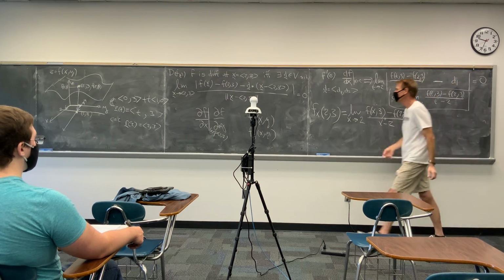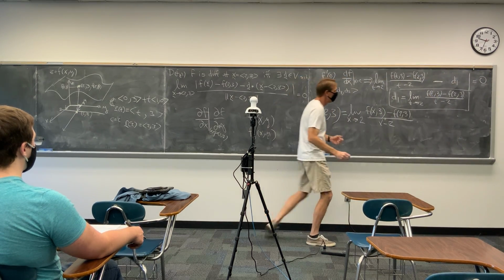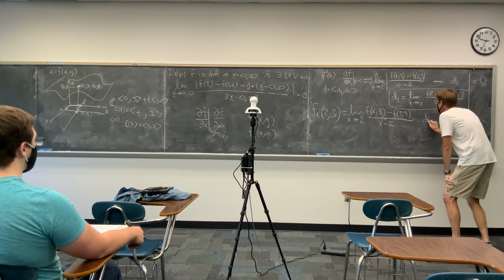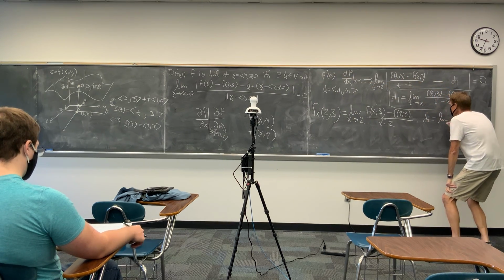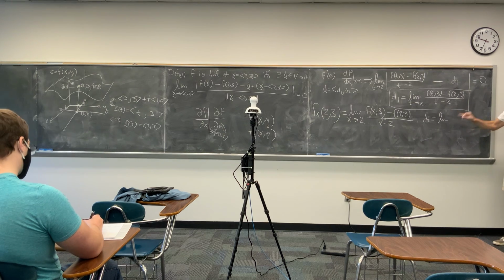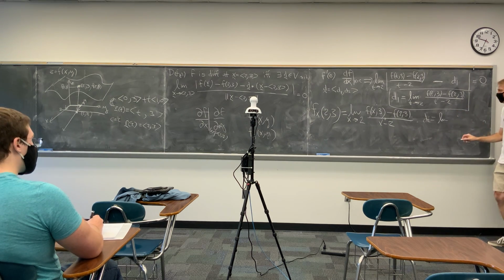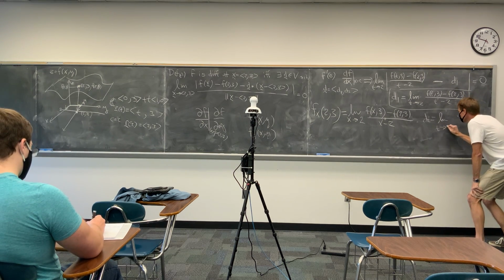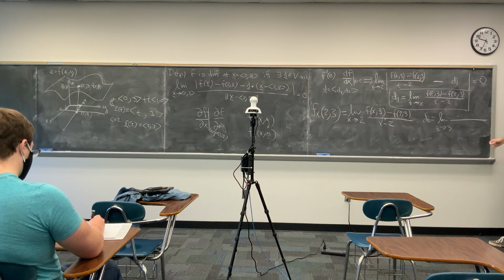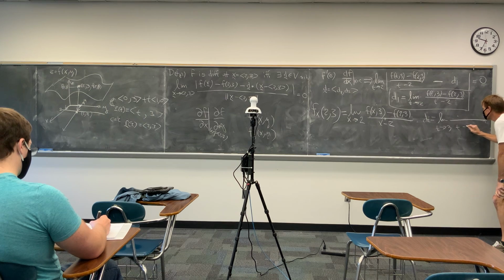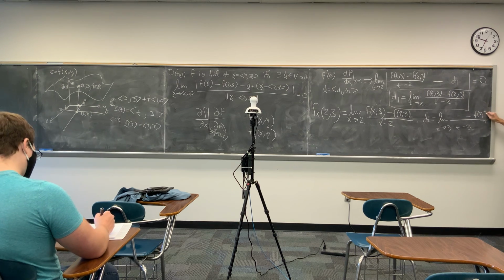And lo and behold, when the smoke would clear, we could show that D2 would be equal to the limit, not as t approaches 2, but the limit as t approaches 3. And on the bottom, we wouldn't have t minus 2, but we would have t minus 3. On the top, it's still f of (2, 3).